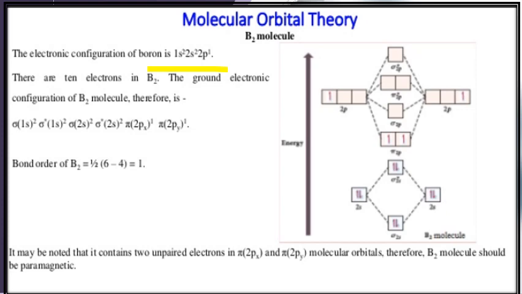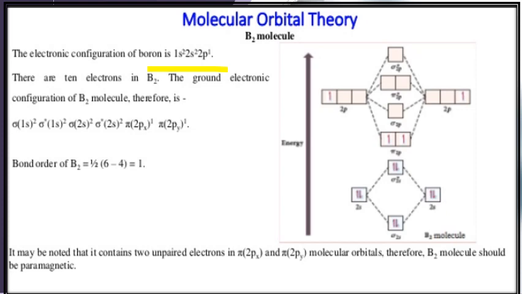Look at the energy diagram which is given. It is arranged according to the increase in energy, as this line shows. The up-headed arrow directs that energy is increasing in the upward direction, so we have only the orbital overlap given for the valence shell orbitals, that is 2s and 2p.